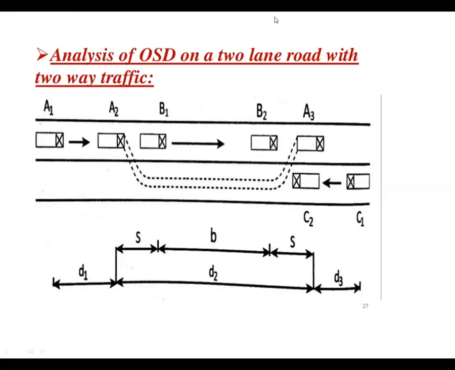Here in the primary situation, A vehicle intends to overtake the B vehicle. This is A vehicle, this is B vehicle.